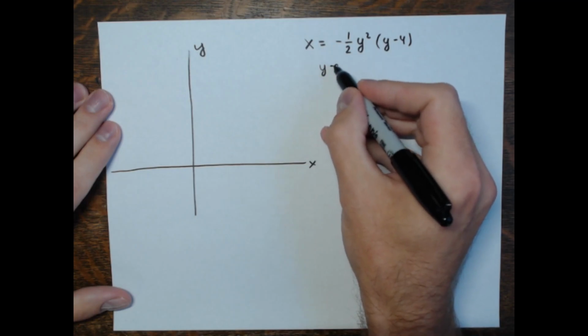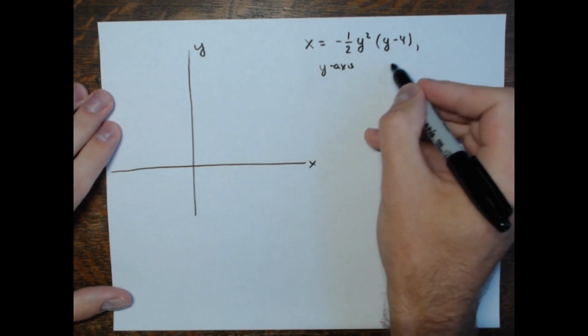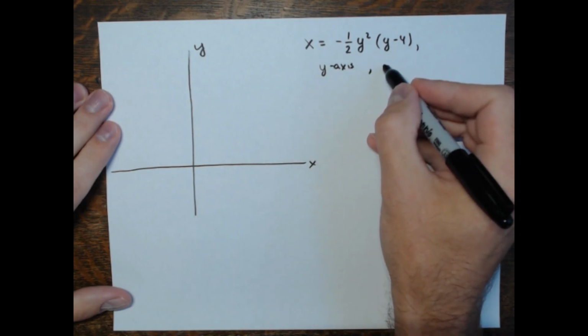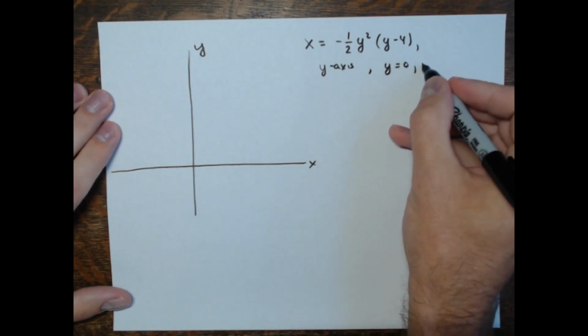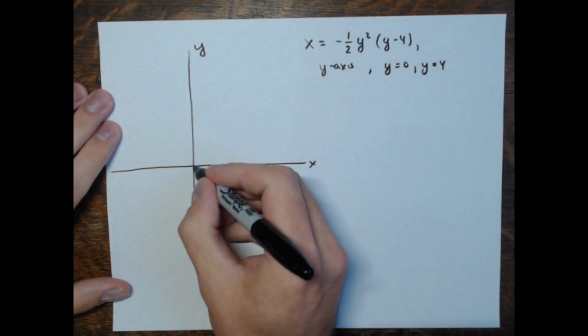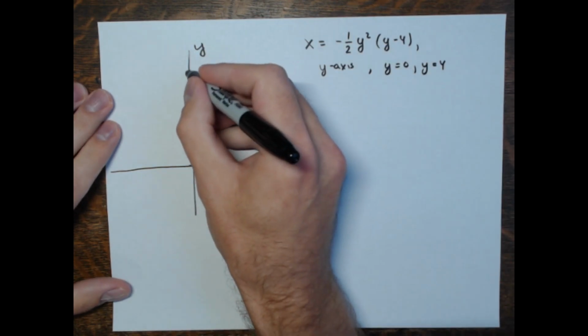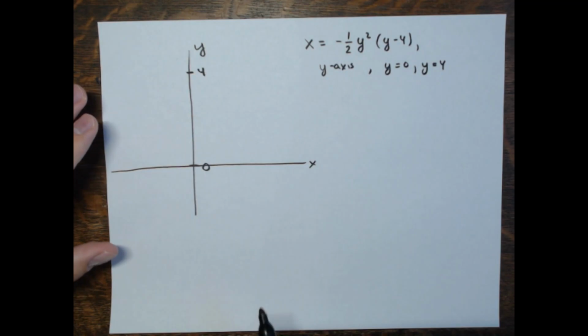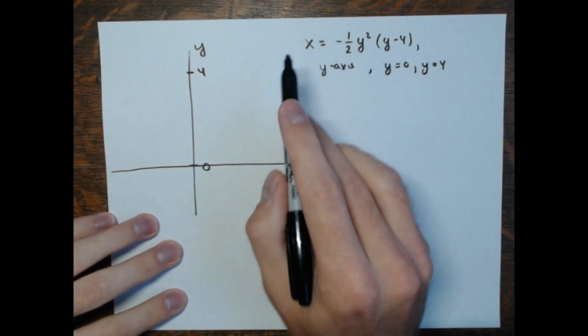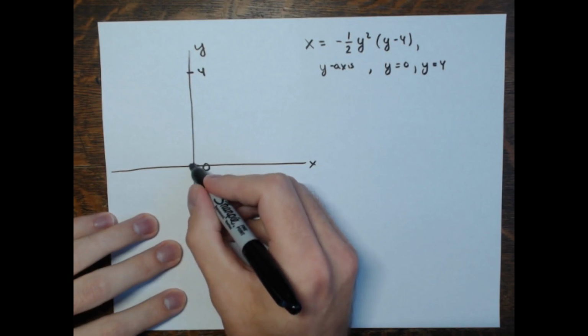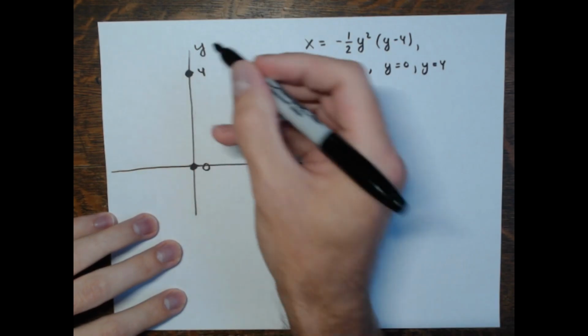The y-axis, and then y equals 0 and y equals 4. So between y equals 0 and y equals 4. Now at both of those, y equals 0 and y equals 4, the x coordinate is 0. So you have 0, 0, and 4, 0.